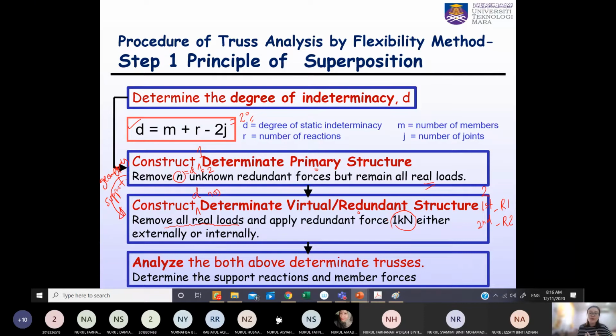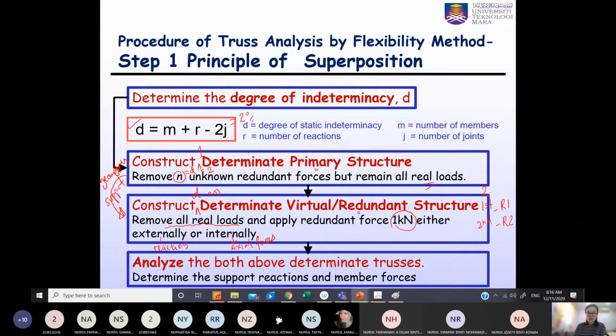This unit force can be either external or internal. If you still remember, externally I have introduced that it refers to the support reaction, and internally we'll be talking about axial force in your truss member. Then you need to analyze both of these trusses.